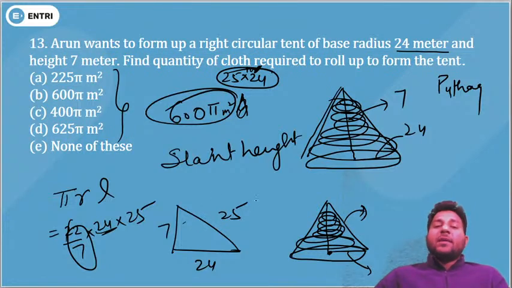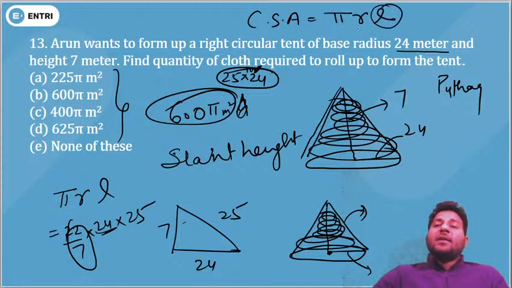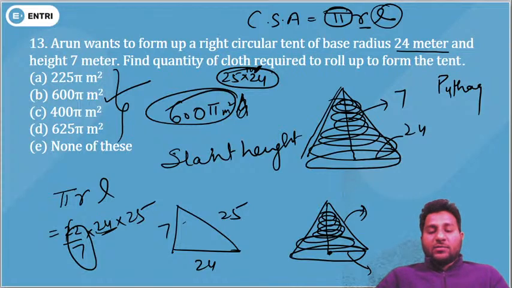And the curved surface area of the cone will be pi r L. So just put the value of L and radius. Don't need to solve with pi, and you'll have your answer as 600 pi meter square. Got it?